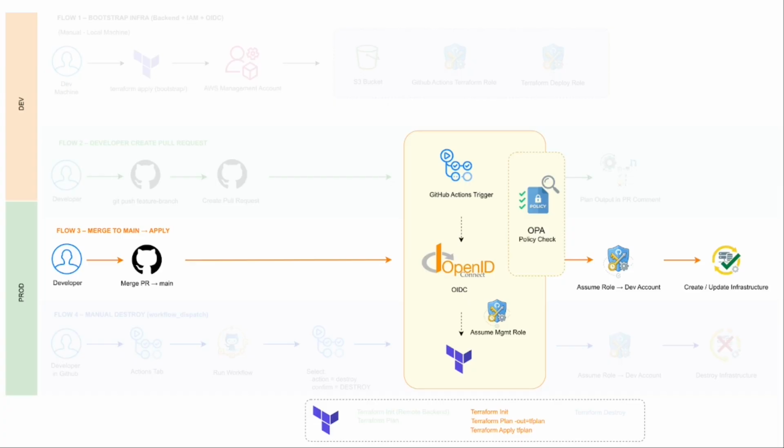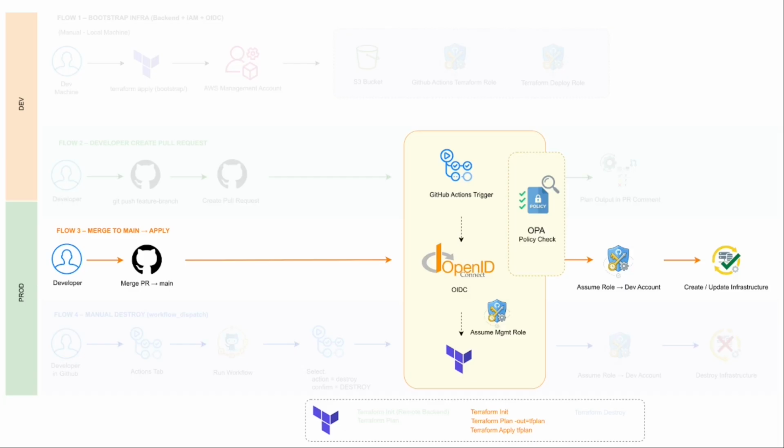Flow number 3. Once the pull request is approved and merged into the main branch, flow number 3 begins. GitHub Actions is triggered again, but this time it performs deployment.